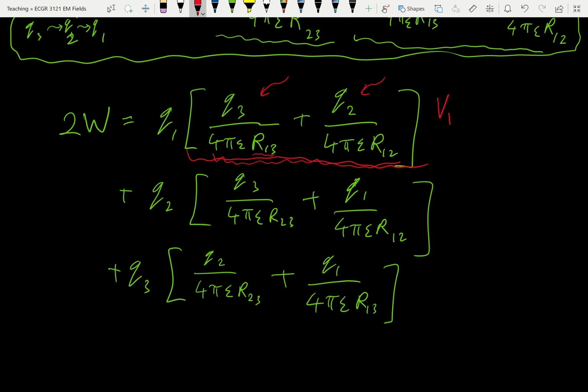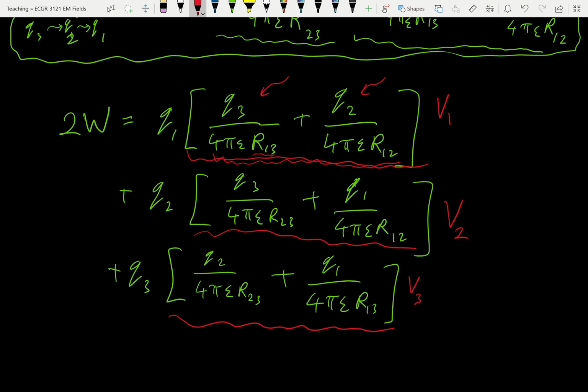In the same manner, this is the superposition formula for the voltage at Q2 due to Q3 and Q1, and this is the superposition formula for the voltage at Q3 due to Q2 and Q1.